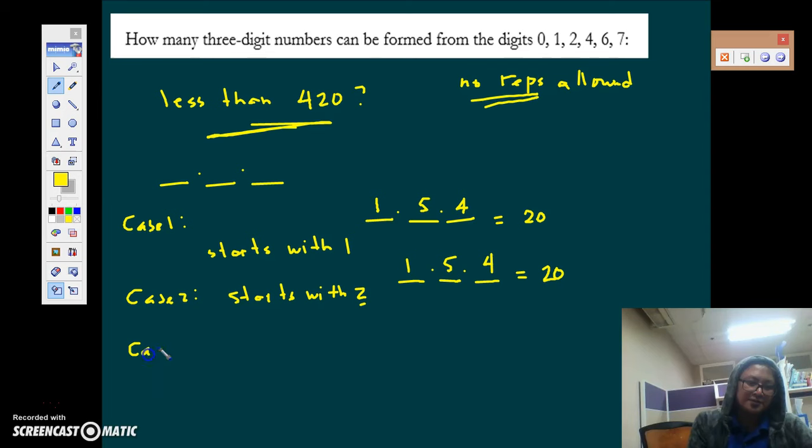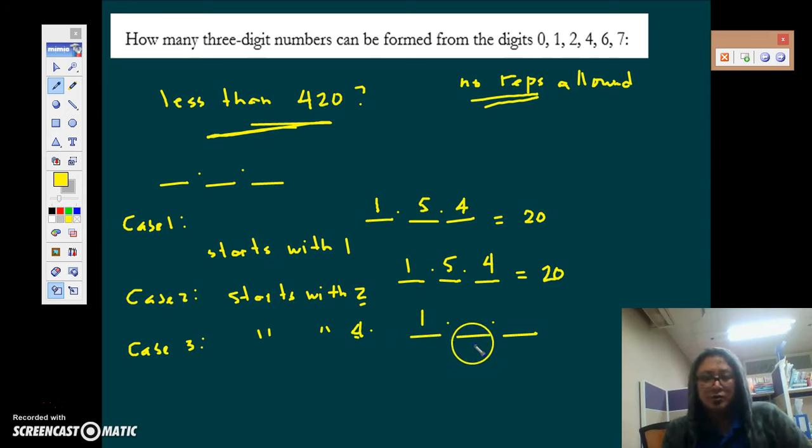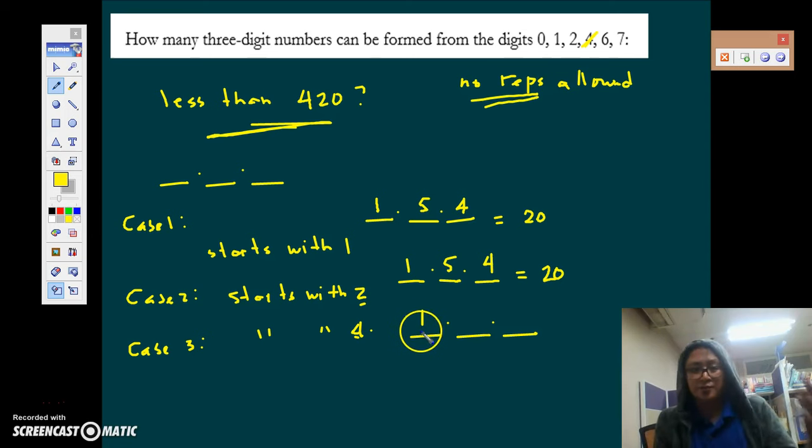And the last case, case 3. Yes, our number can start with 4. So 4 takes this spot, so 1 choice. Now, for our tens digit, we cannot pick 4, obviously, because it's in the hundreds digit place already.